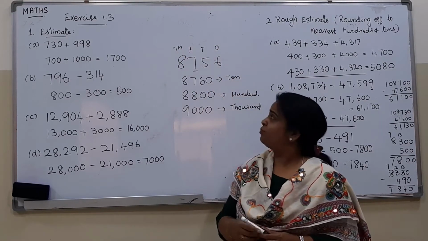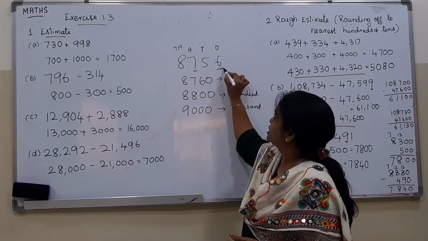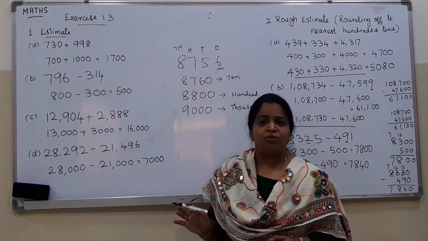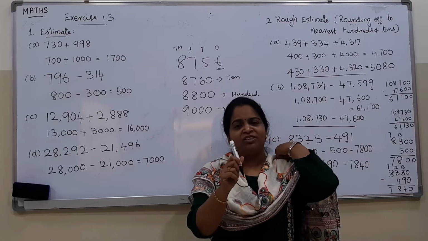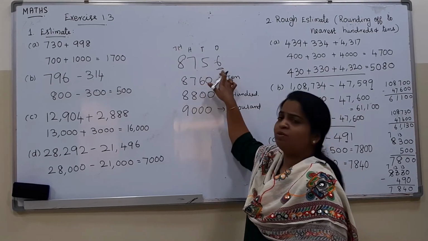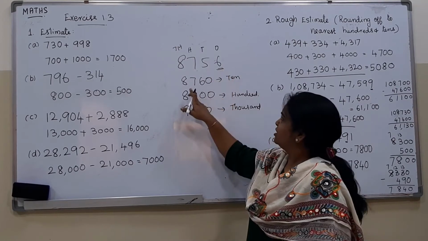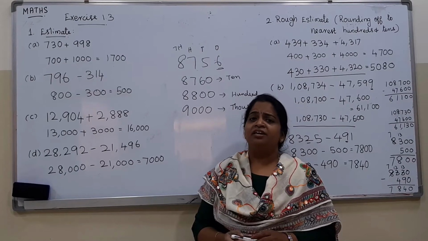You have to check the number in the ones place. If it is 5 or more than 5, you add 1 to the number in the tens place. It becomes 6, and the ones place becomes 0. So 8760 is rounded off to the nearest 10.